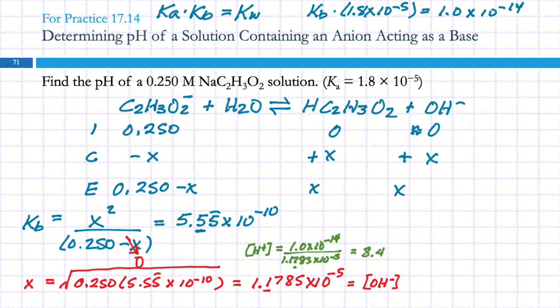That gives 1.485 times 10 to the minus 10. And then pH is the negative log of that, 9.07.